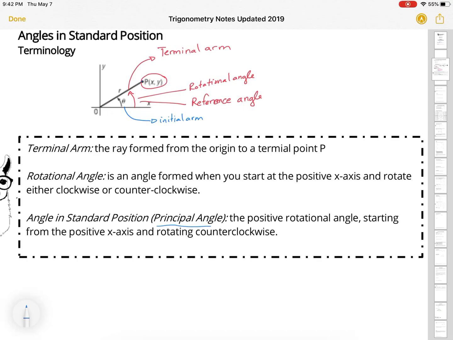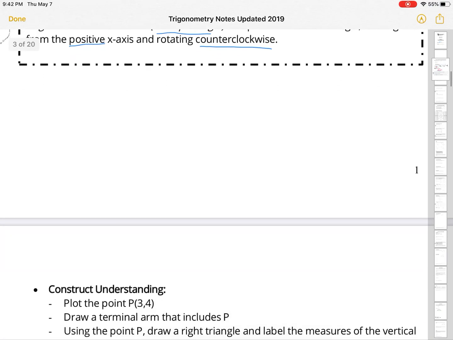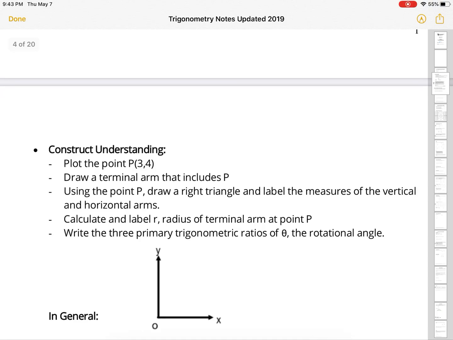If we go clockwise, we often will assign it a negative value for our degrees. The angle in standard position, the principal angle, is the positive rotational angle starting from the positive x-axis and rotating counterclockwise. If it's rotated counterclockwise, it is positive. If we were to rotate it clockwise, it would be negative.